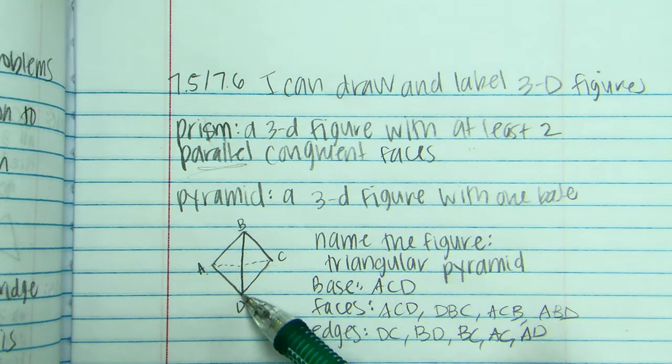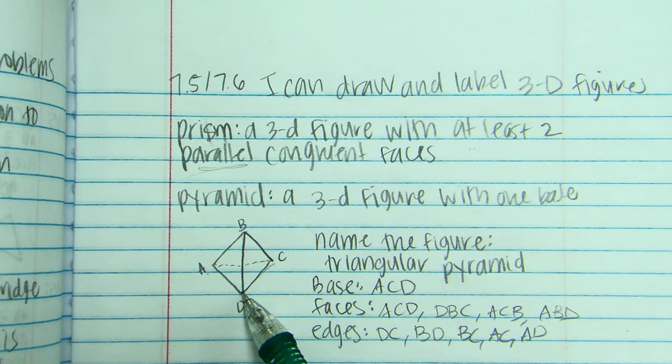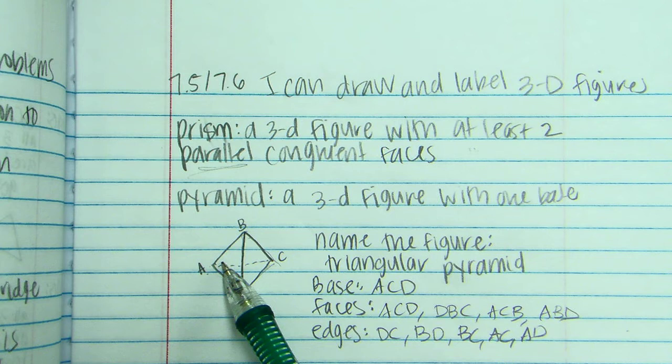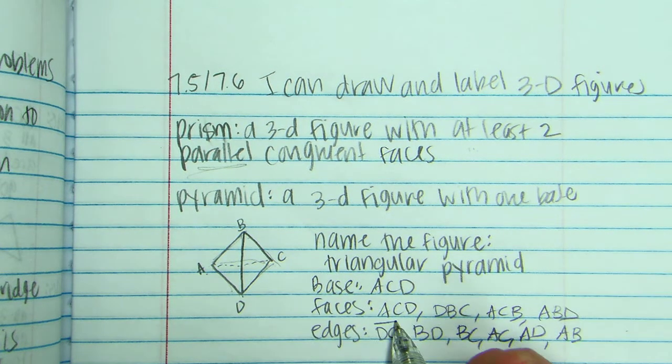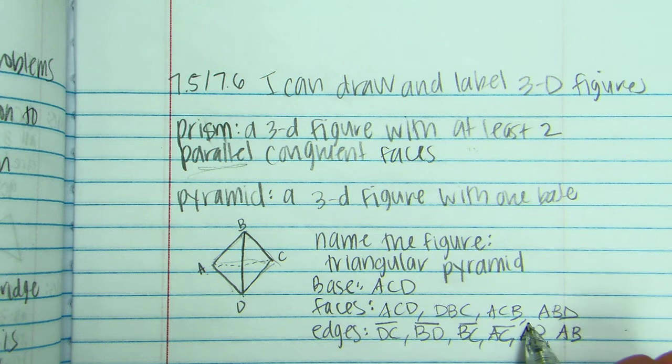So we did DC, BD, BC, AC, AD, and then we are missing AB. When we're naming the edges, they're all line segments, so they should have this line over the top of them.